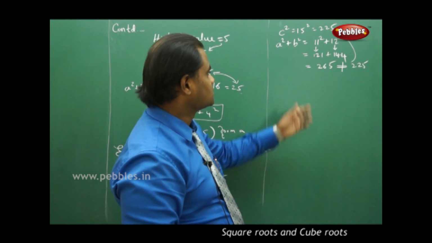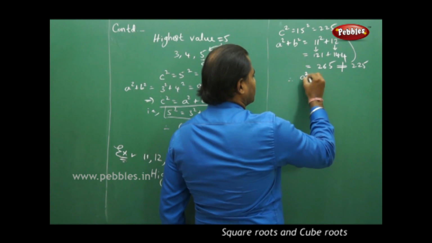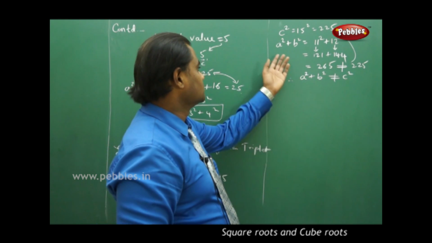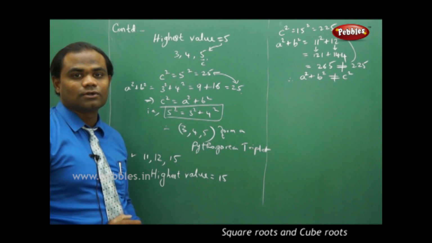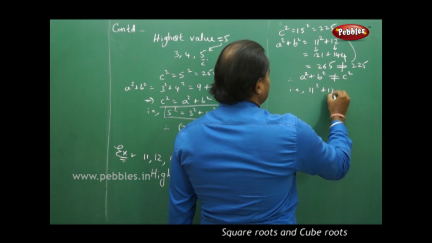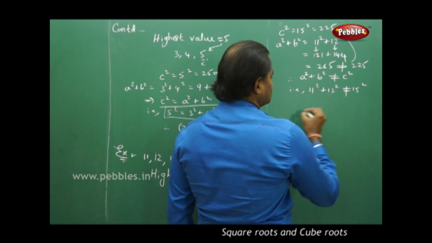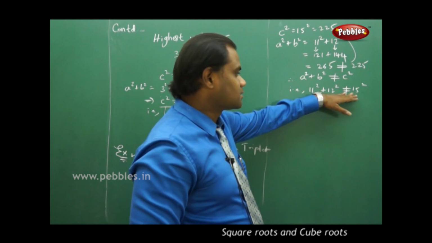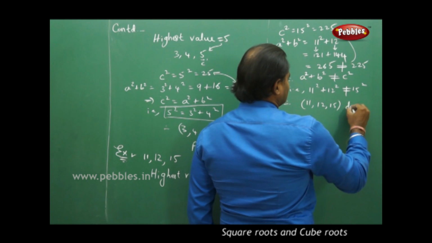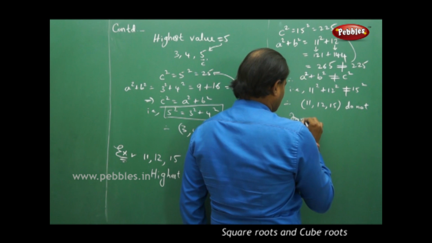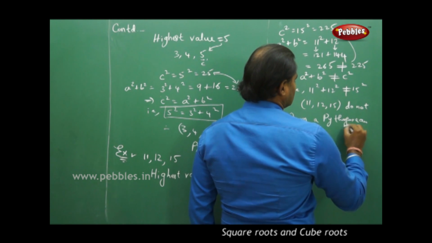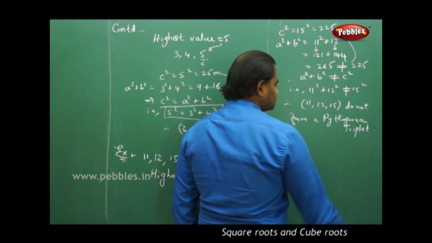So therefore, because it doesn't satisfy the condition, a square plus b square is not equal to c square. Clearly I identify that the given three values 11, 12, 15 do not form a Pythagorean triplet. That is, in this case, 11 square plus 12 square is not equal to 15 square. Therefore, because of this condition not being satisfied, the 11, 12, 15 do not form a Pythagorean triplet.